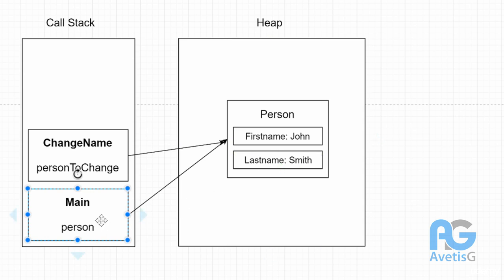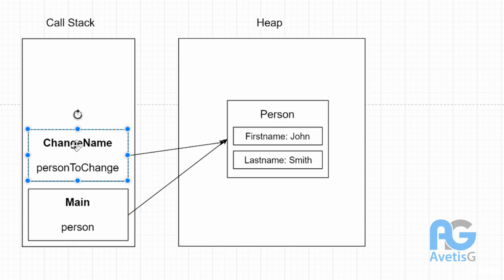Then we went to another method, which said change name. And we passed in to it the person pointer. And in this case, we named it person to change. But it's still the same thing. It's still the same pointer. So we passed in the pointer as opposed to passing in the actual data.